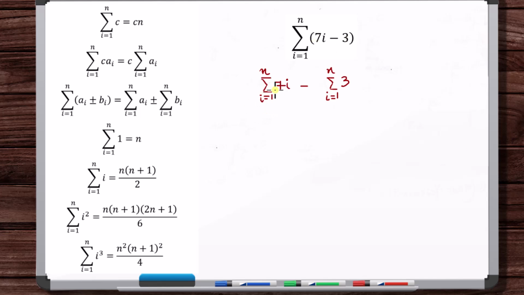So now for this, let's use this property here. We have a constant times a sequence, so we can take the constant out and bring the 7 out.